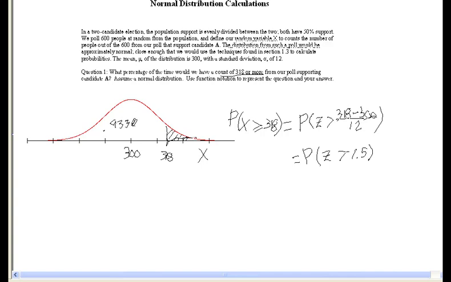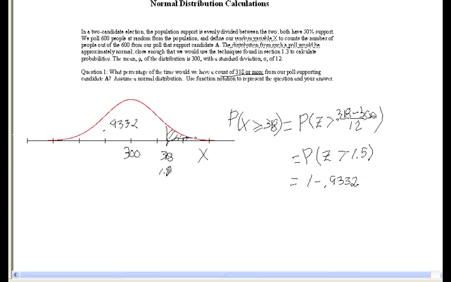That's this region right here. And again, it's associated with a z-score of 1.5. So that means this area right here is 1 minus this. So our answer is going to be again 1 minus 0.9332.